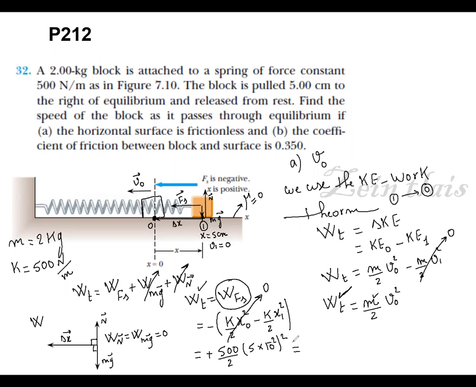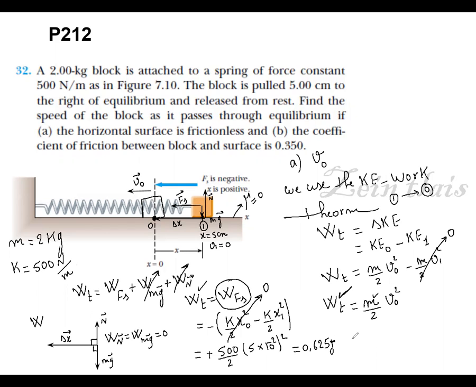We get here omega total. Let's calculate its value. It's 0.625 joule.